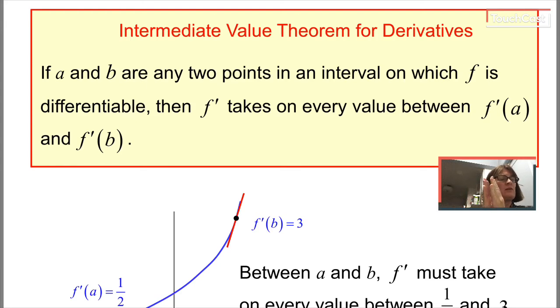Since f is continuous and differentiable, that means f prime exists and is continuous, so the intermediate value theorem must apply to it. If f prime of a and f prime of b are outputs on the f prime function, then any output in between f prime of a and f prime of b must exist on that function.